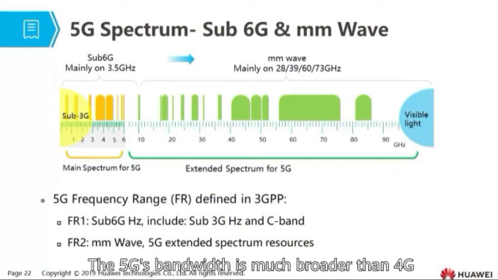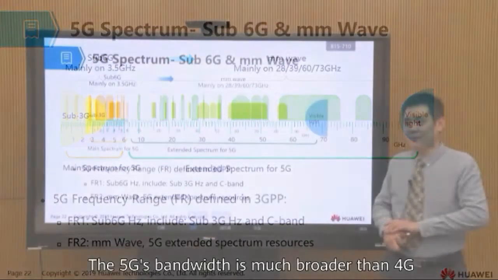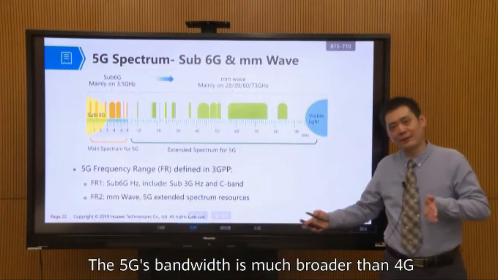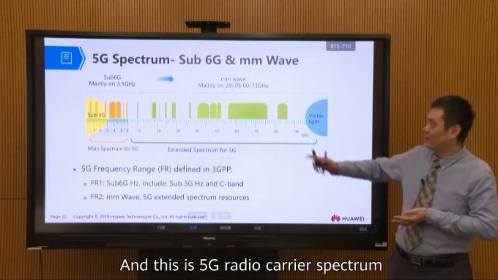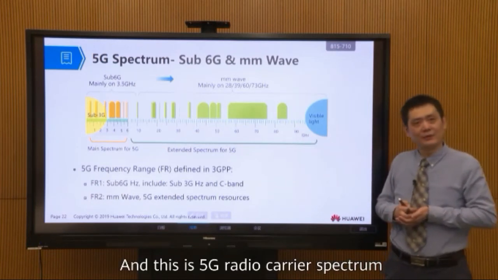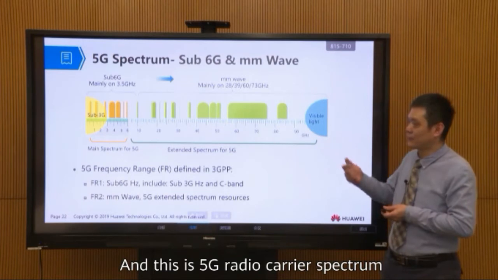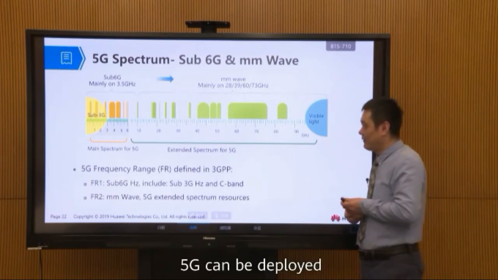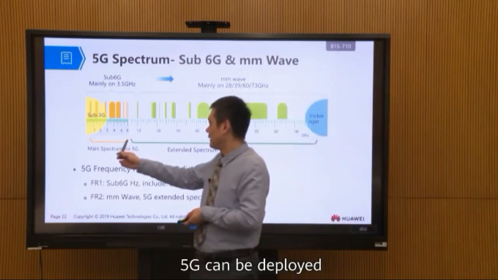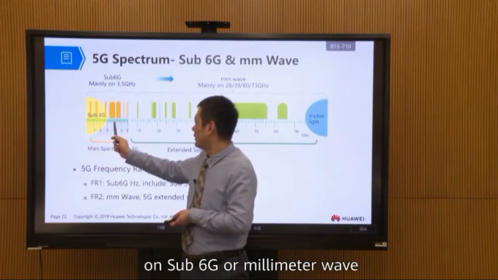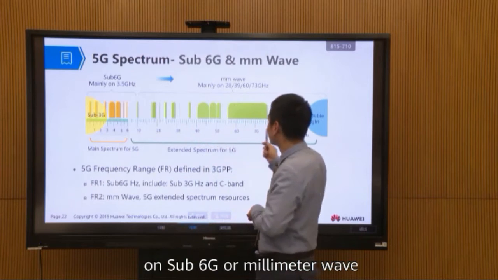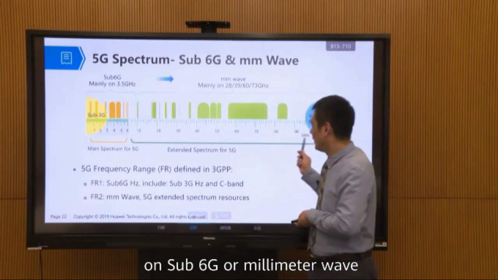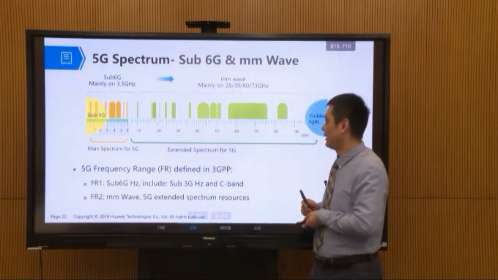The 5G bandwidth is much broader than 4G. And this is 5G's radio carrier spectrum. 5G can be deployed on sub-6G or millimeter wave.